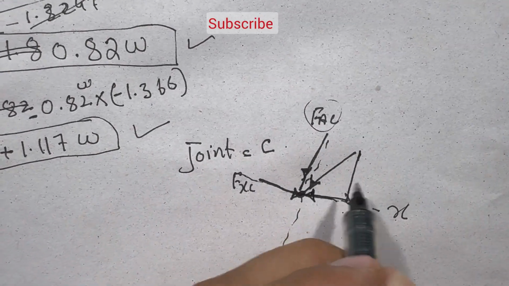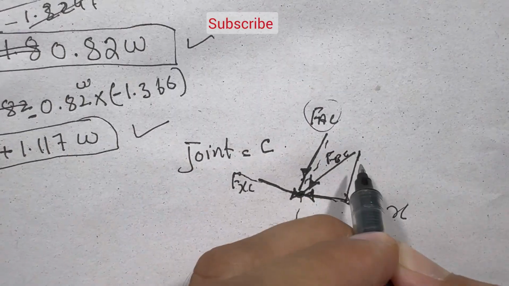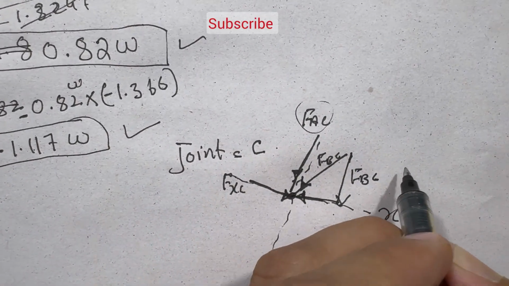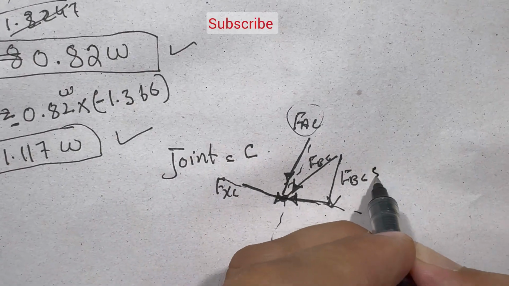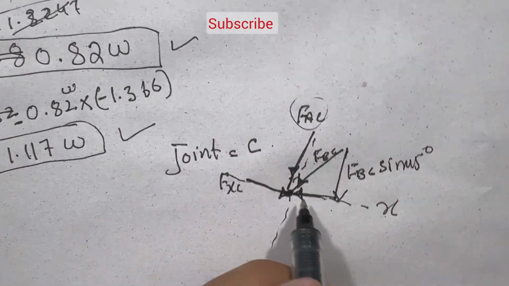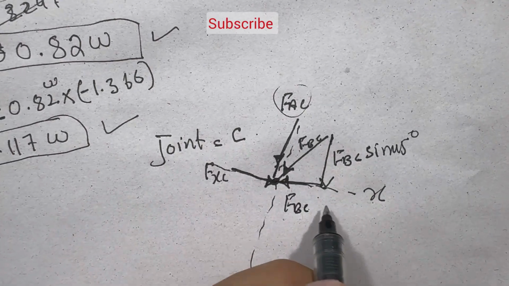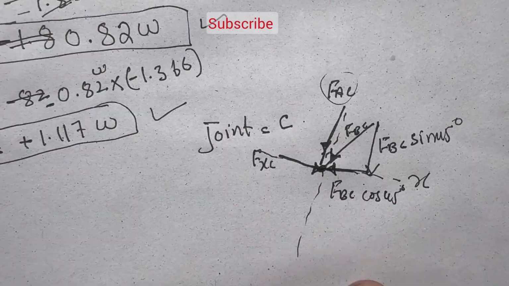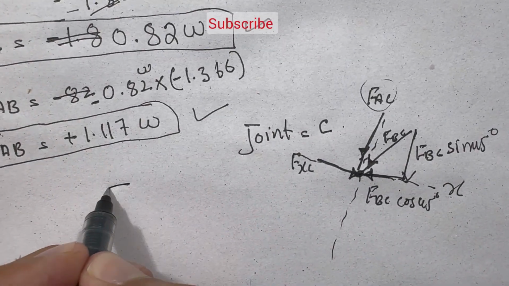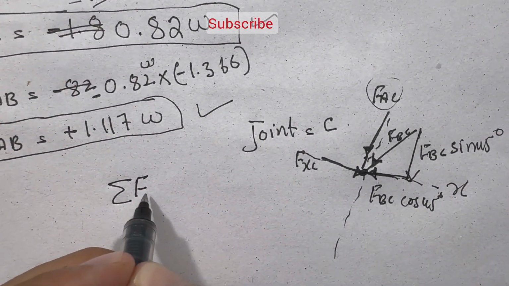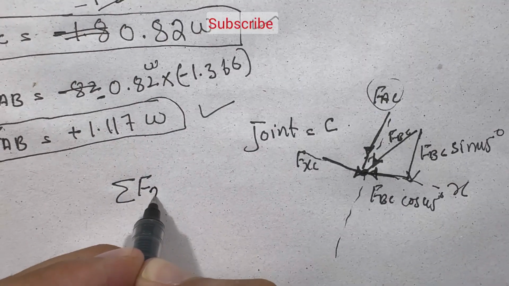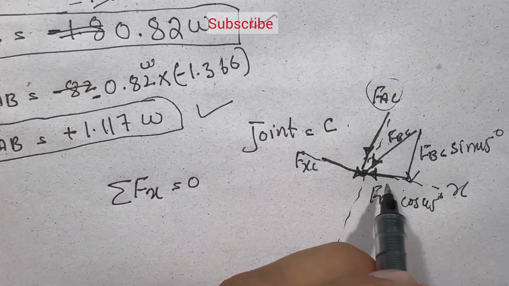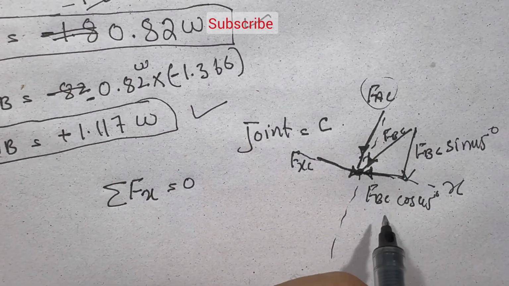This is FBC and this is its component, FBC cos 45 degrees. Now I take this joint. Summation of horizontal forces Fx equals 0. The component FBC cos 45 resists this component.